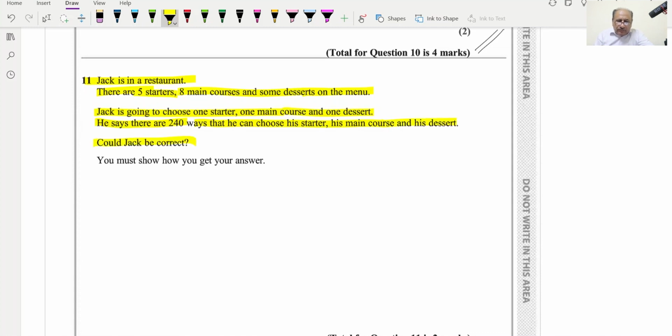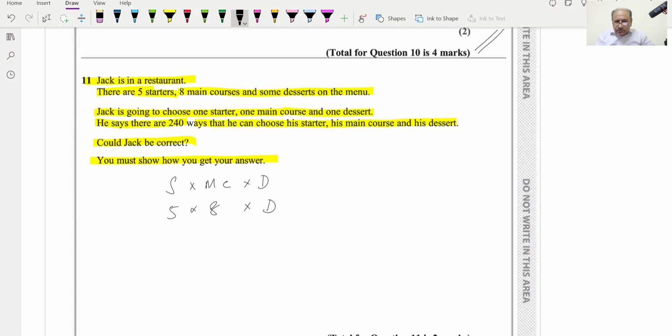Could Jack be correct? You must show all your working. So starter and main course and dessert: 5 starters, 8 main courses, and desserts.